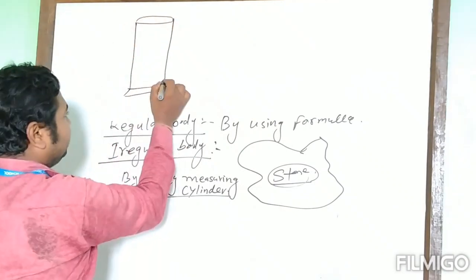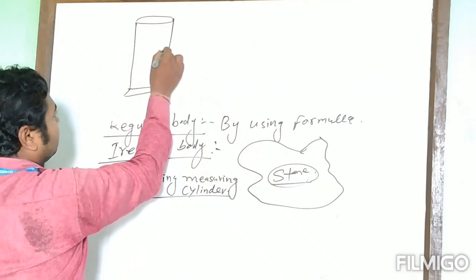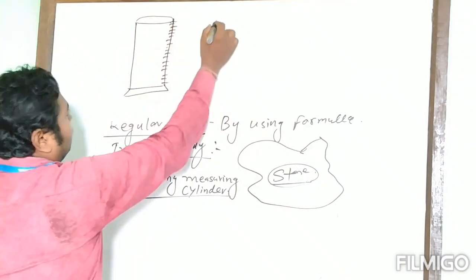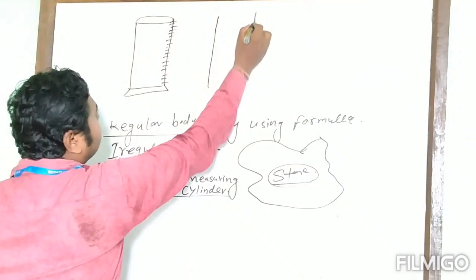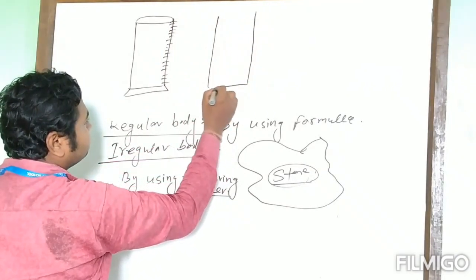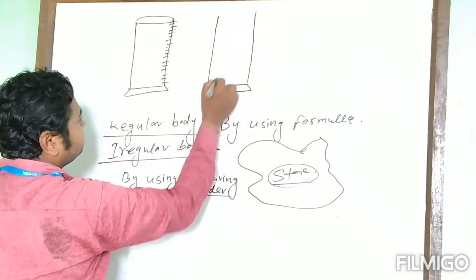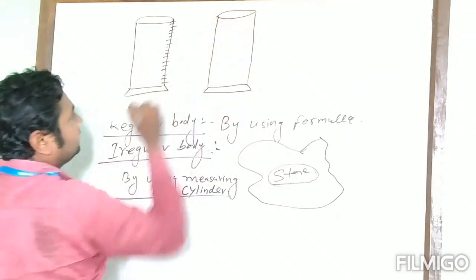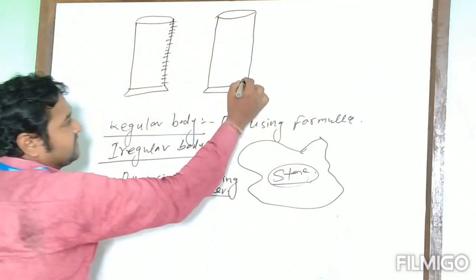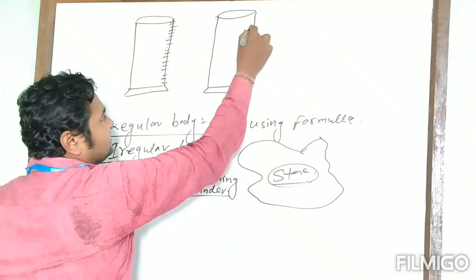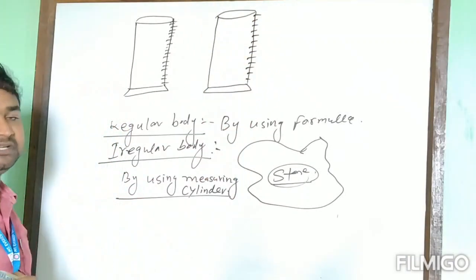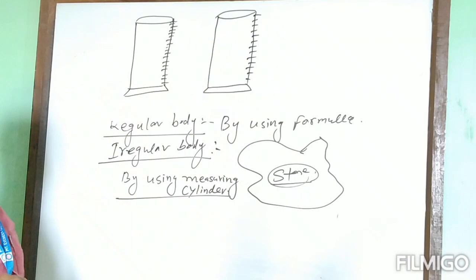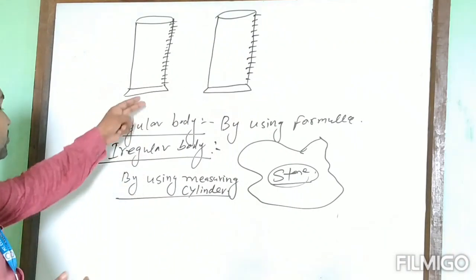This is the measuring cylinder. I will draw another measuring cylinder. I have seen the measuring cylinder clearly in the science lab also, and you have done different types of practicals with it. Take the same measuring cylinder.